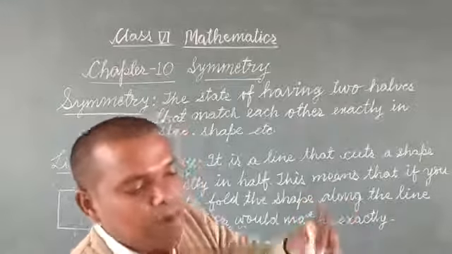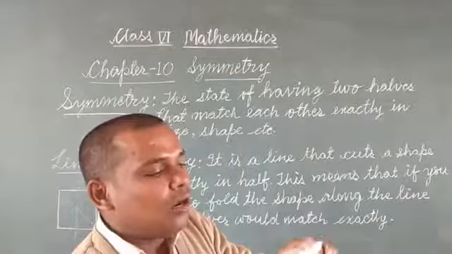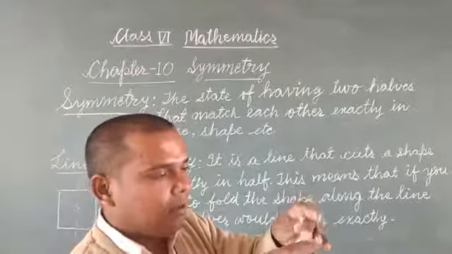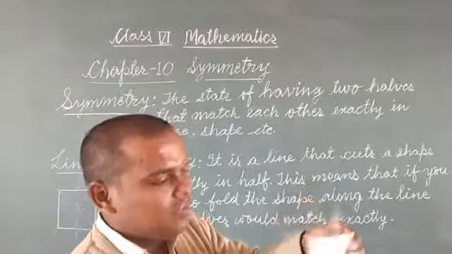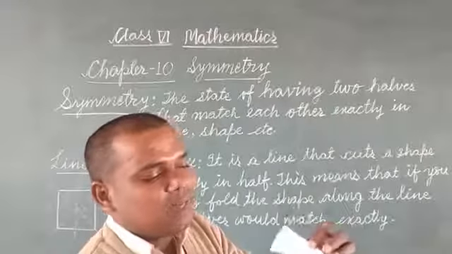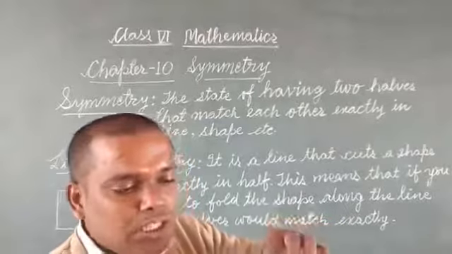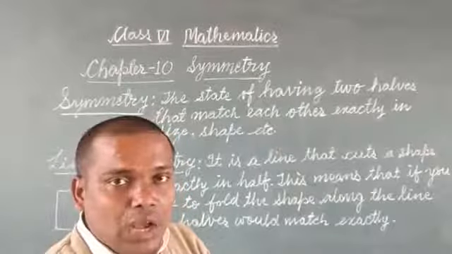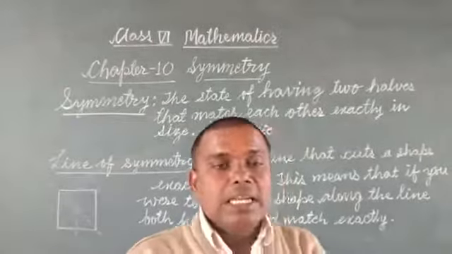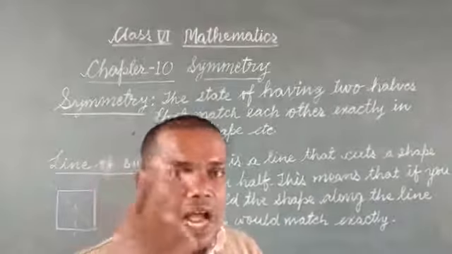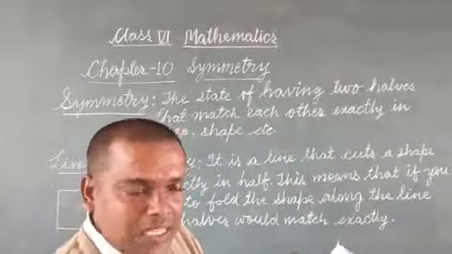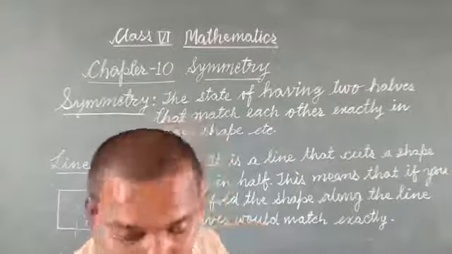But if I am going to fold it along its diagonal, see this part and this part, they are not matching each other. By this diagonal also they are not matching each other. So we can say that in case of a rectangle we have only 2 lines of symmetry, one along the length, another along the breadth. Look at the picture here.